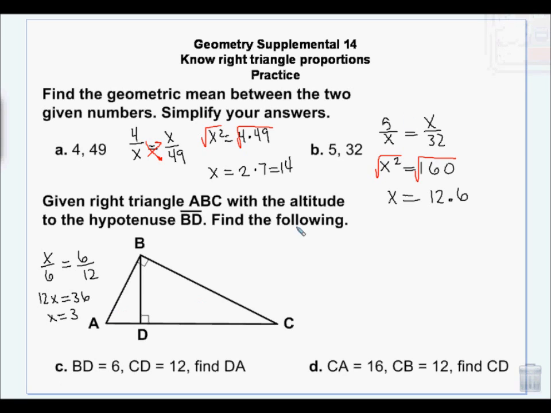And I have CA is 16, so this whole length is 16. And then CB is 12, and I want to find CD. Now, 12 is the geometric mean between x and 16.